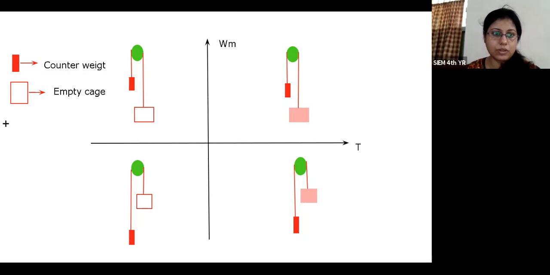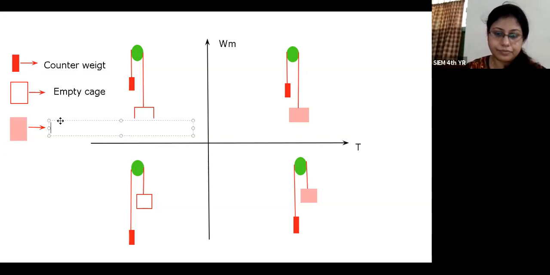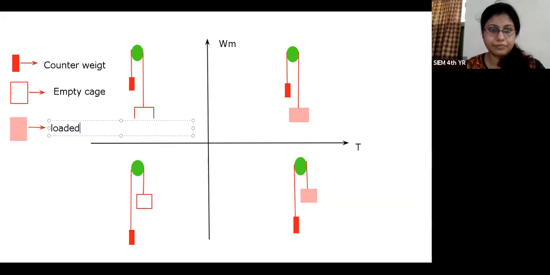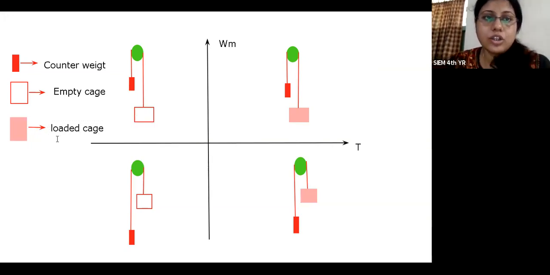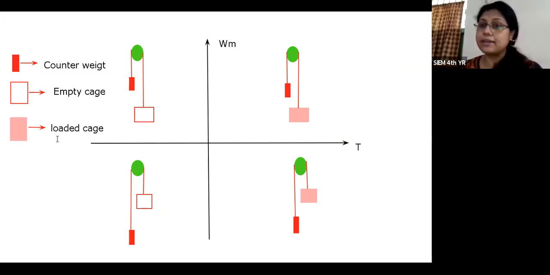And this one is the loaded cage. The green circles represent a drum.